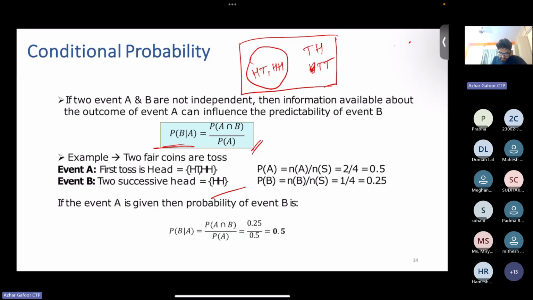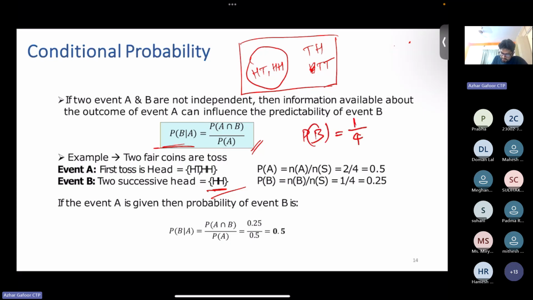Okay, so now our first question is, we have two events A and B. B is two successive heads. Let us try to calculate the probability of B, that is, the probability of getting two successive heads. So probability of B, we know it's 1 by 4.